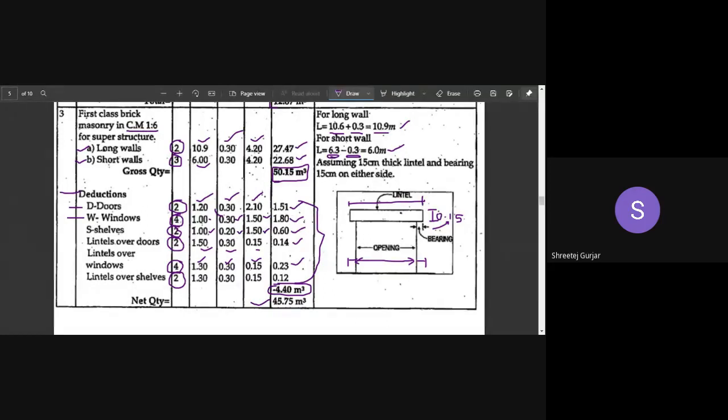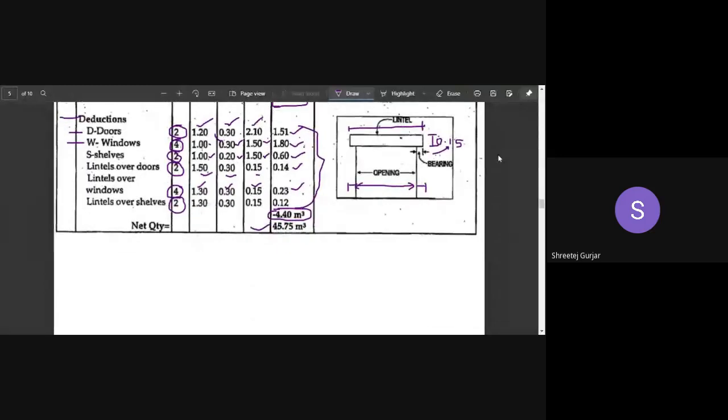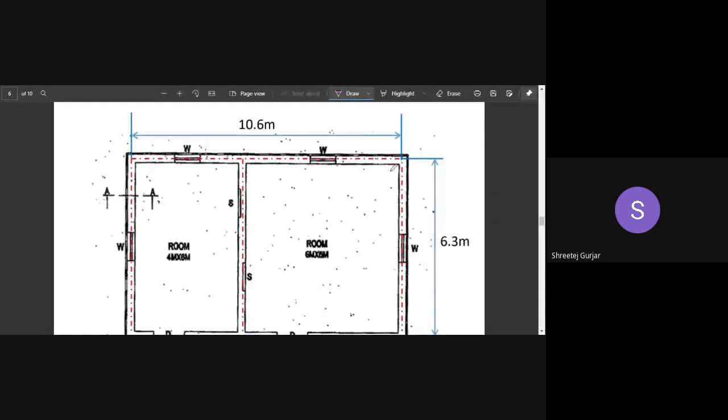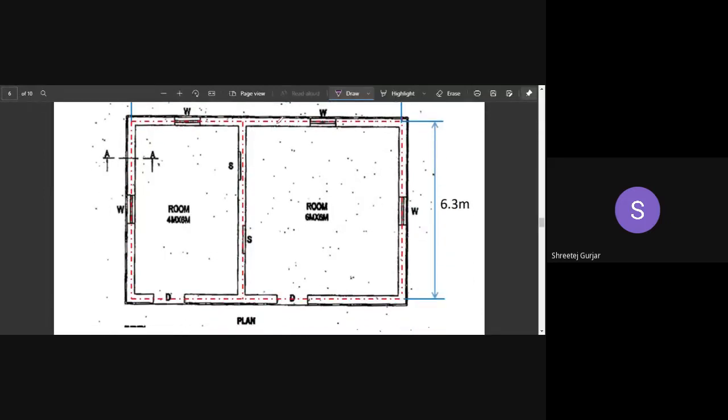I hope everyone has copied down. So we will be moving to your next method, that is the centerline method. In the centerline method, we have to calculate the total centerline length. That is this red line that I have drawn. We have to calculate the total length of this red line.